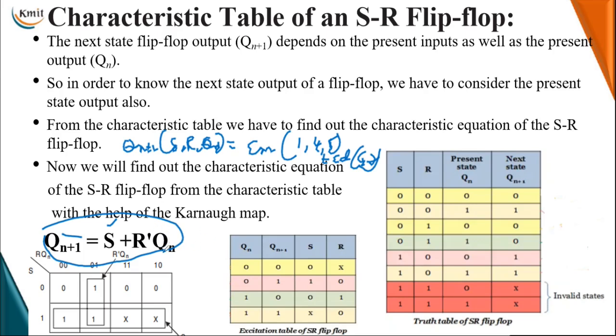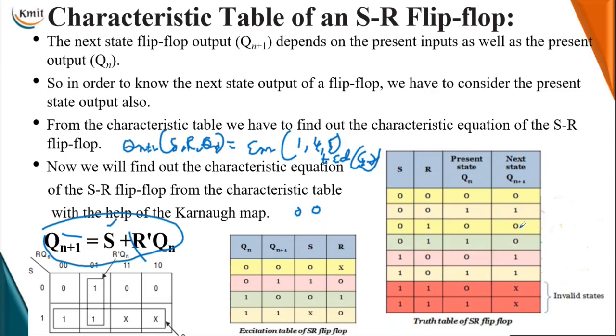From this characteristic equation, let me derive the excitation table of the SR flip-flop. The excitation table gives the state transition from present state to next state, and the excitation inputs, the external inputs, required to obtain that transition. In the state table, 0 to 0 arrives two times: S is 0, R is 0 in the first case, and S is 0, R is 1 in the second case.